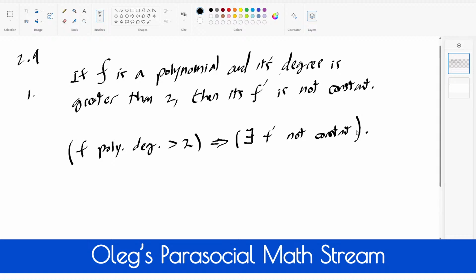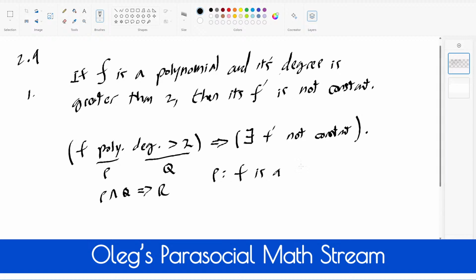Okay, translation. P and Q implies R. If f is a polynomial and its degree is greater than 2, so that's P. F polynomial, this is P, this is Q. So what they did was they wrote P and Q implies R. P is, actually, they were pretty simple.